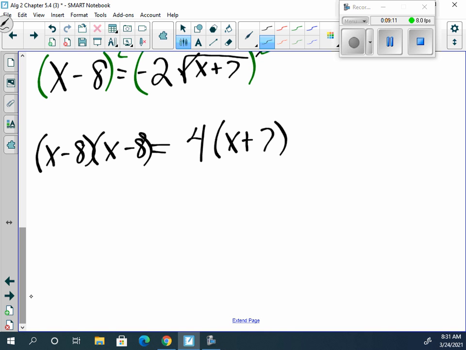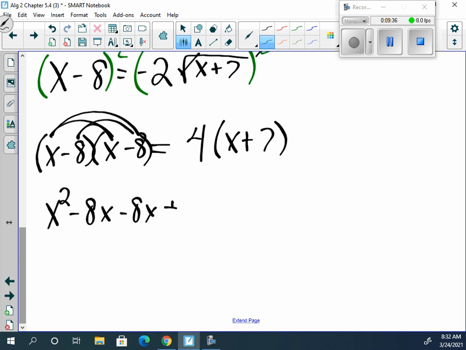Because if it was x minus 8 times x plus 8, then that would work, because of the difference of perfect squares. But this will end up giving us a middle term. Because x times x would give us x squared. x times negative 8 would be negative 8x. Negative 8 times x will be negative 8x. And negative 8 times negative 8 will be plus 64.